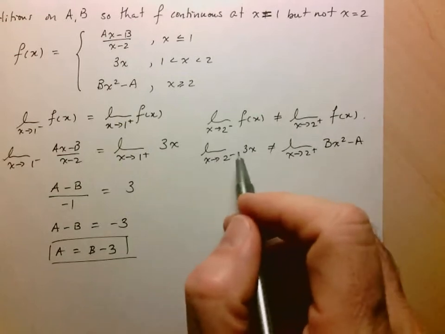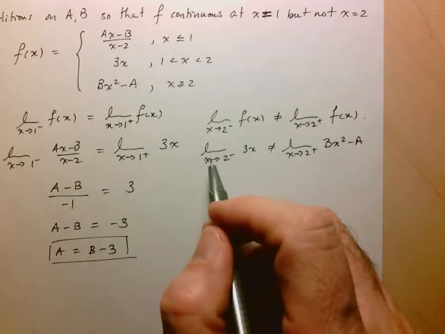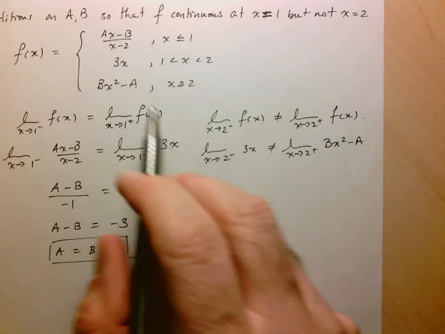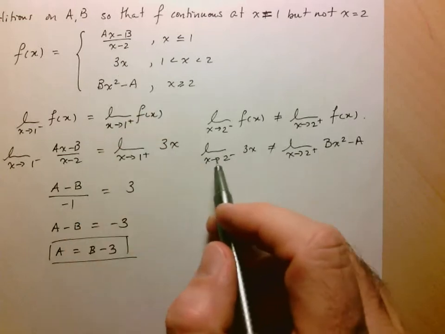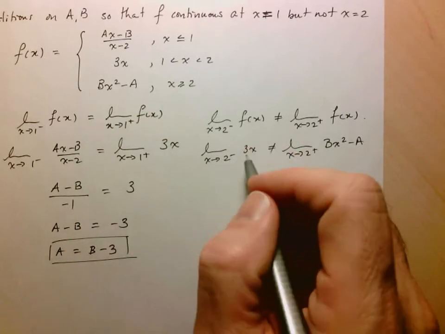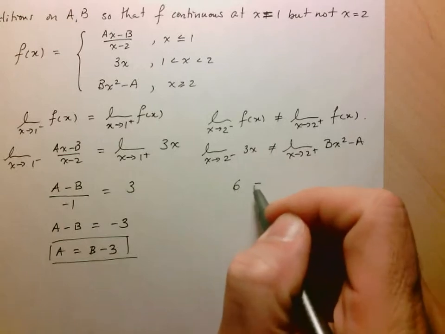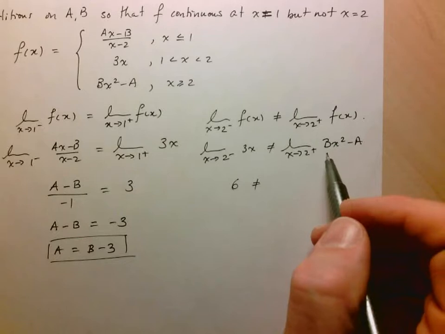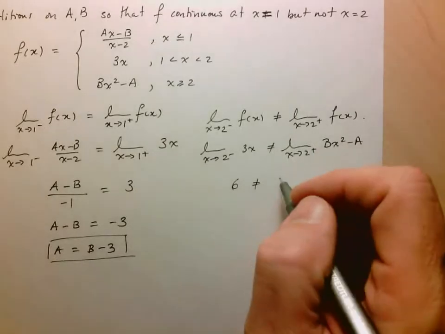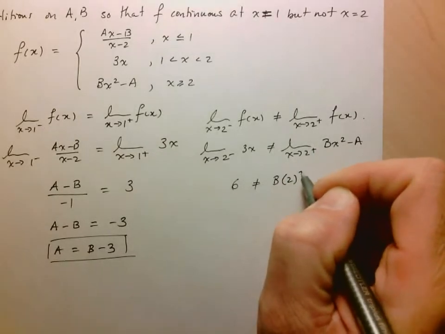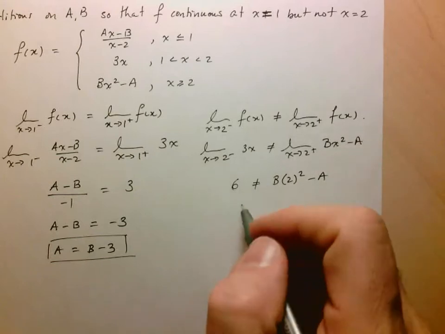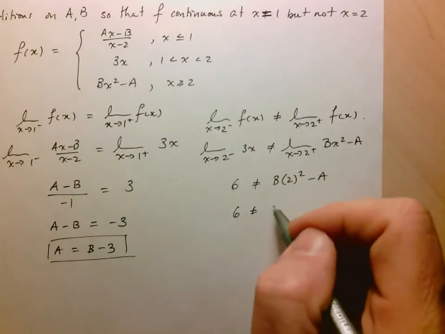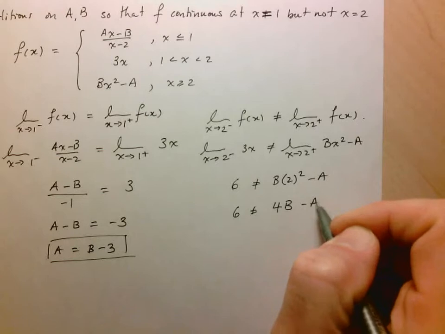Sorry, we haven't determined this one. We determined it as x approaches 1, but it'll be the same when x approaches 2. So this is going to approach 3 times 2, which is 6. And that can't be equal to the other limit, and again, this is just a quadratic, a nice function that has a limit everywhere. So this is just going to approach b times 2 squared minus a. In other words, 6 cannot be equal to 4b minus a.